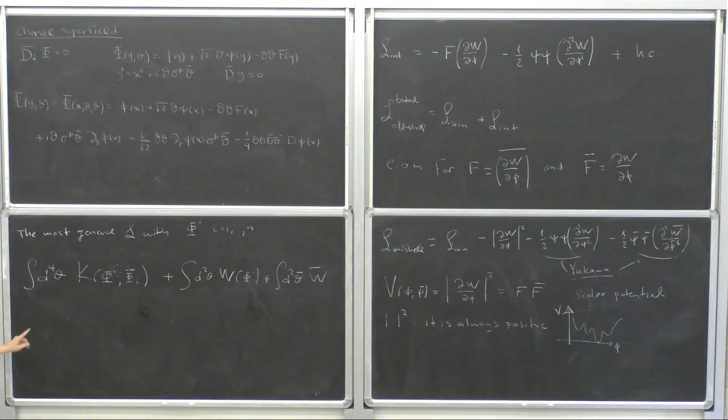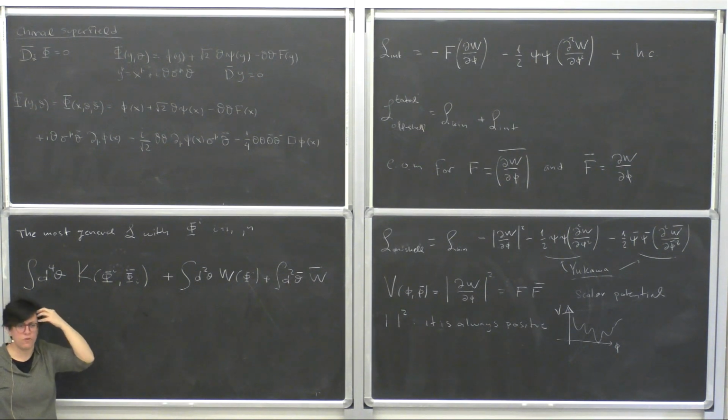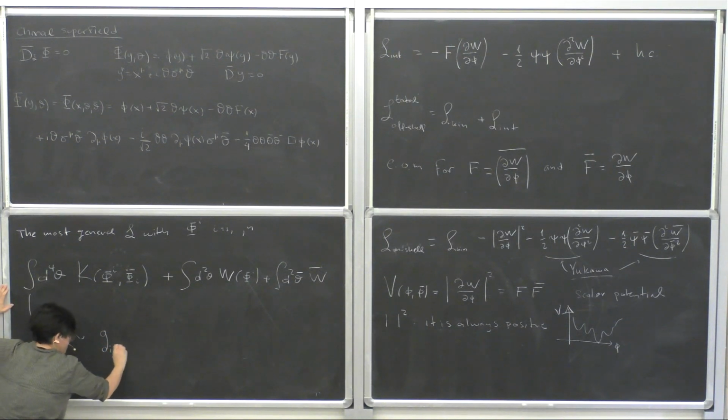And there is one tiny little comment, and I'm done with this. When we derive the kinetic terms, here you can have as many phi's as you want. Think of this formal expansion if you want. So when you derive the kinetic terms, you will get a term that can be a function of these phi bars.